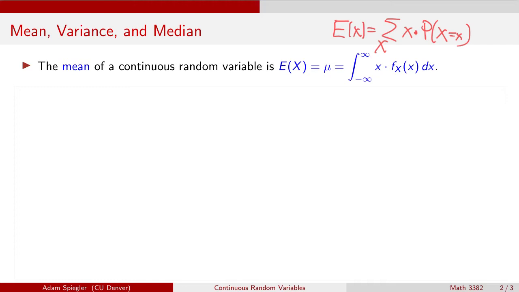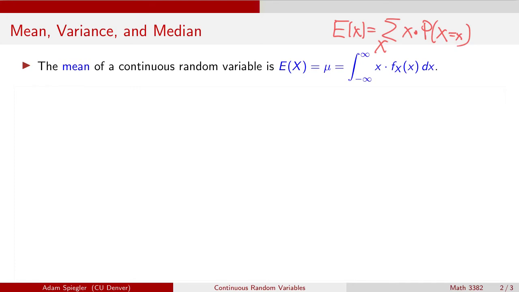So the expected value for a continuous random variable, really we just changed this sum to an integration symbol. And so we're going to integrate over all of the possible values of random variable x. So that might be that we have improper integrals. More typically, we start at the minimum possible value of x and we stop at the maximum possible value of x. And these might be finite values.